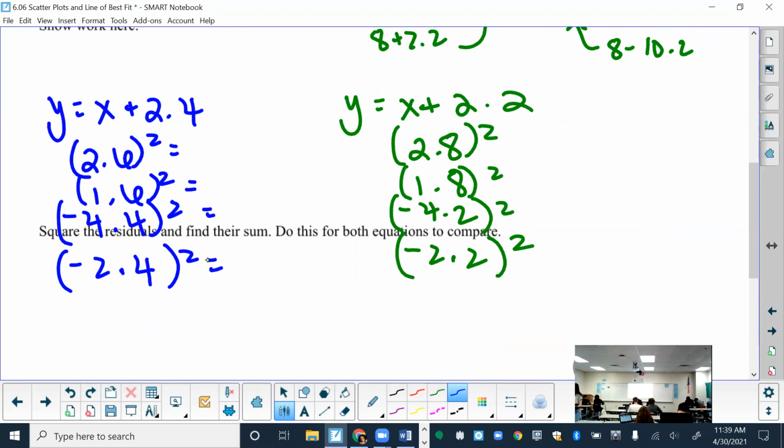All right, what is 2.6 squared? 6.76. 1.6 squared. Good. Negative 4.4 squared.